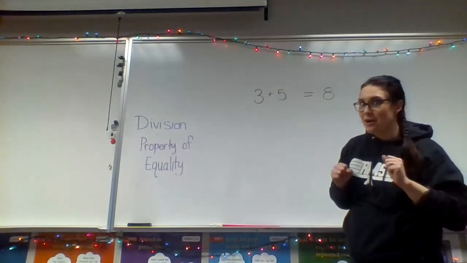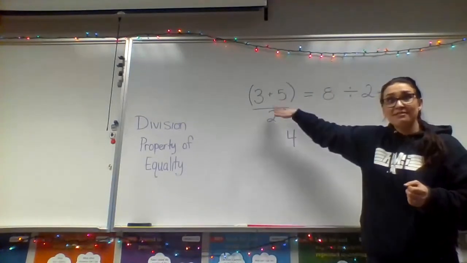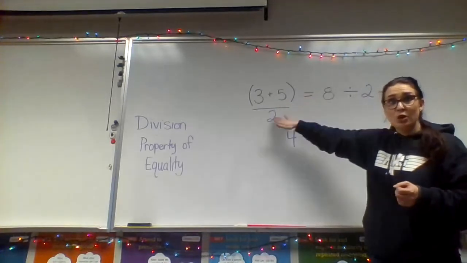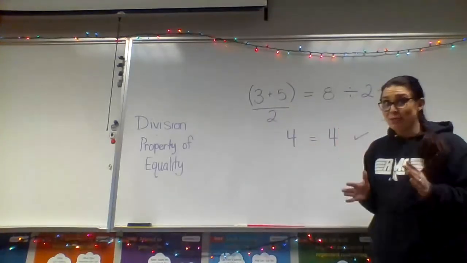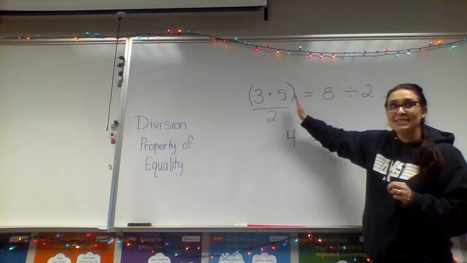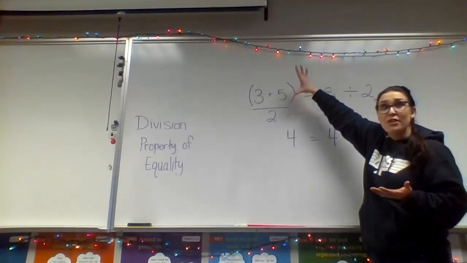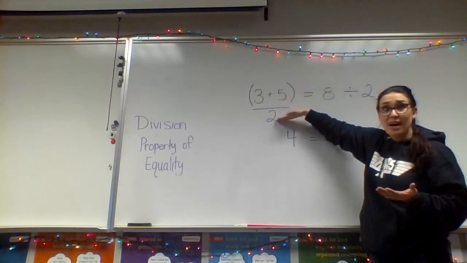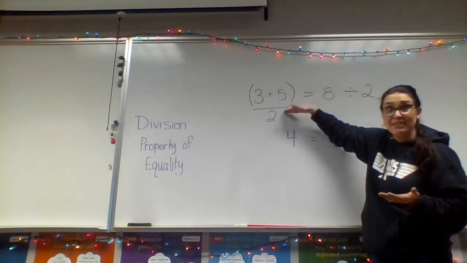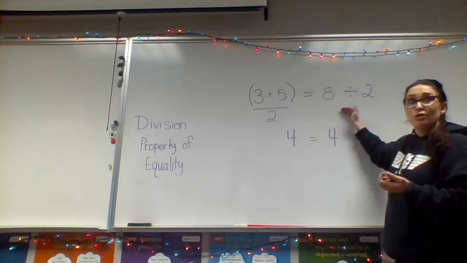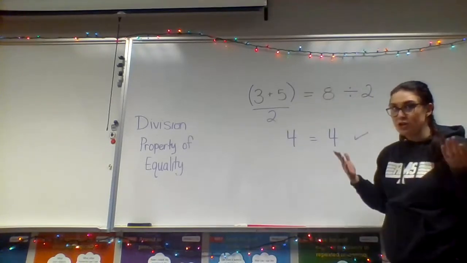Let's check it out. What I've done now, my friends, is I am dividing each side of this equation by 2. And I just want to make sure that we understand that when you write it looking like a fraction like this, where you have the numerator and then the denominator, this represents a division, just like using the good old traditional division sign also represents division.